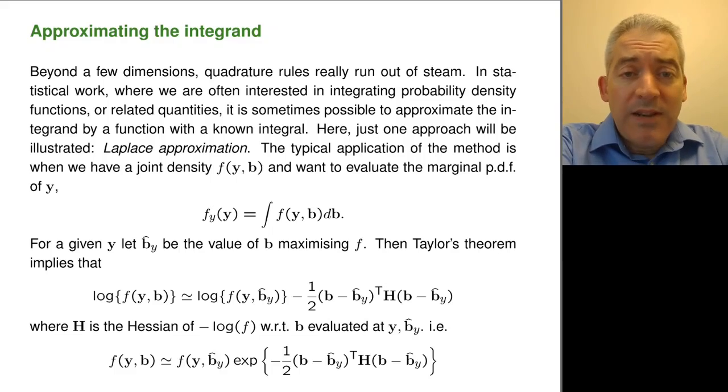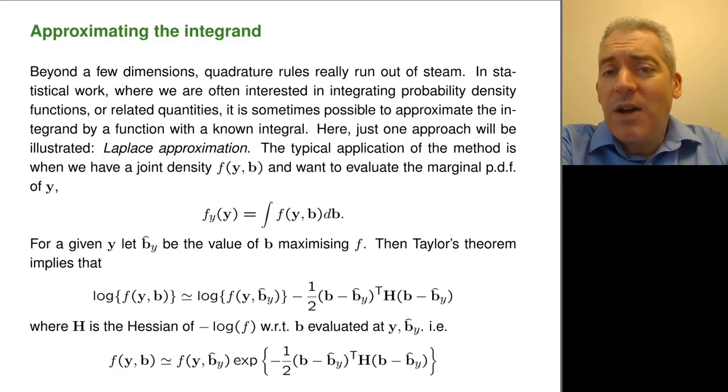So Laplace approximation is the go-to method when you have statistical problems where you want to integrate out random variables. Essentially, you want to marginalize over something. Laplace approximation is a good general purpose strategy that often works pretty well.